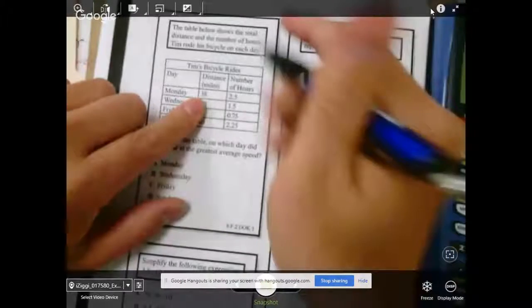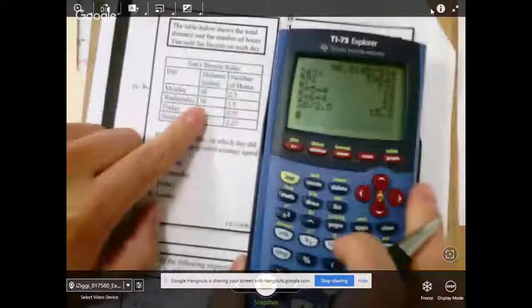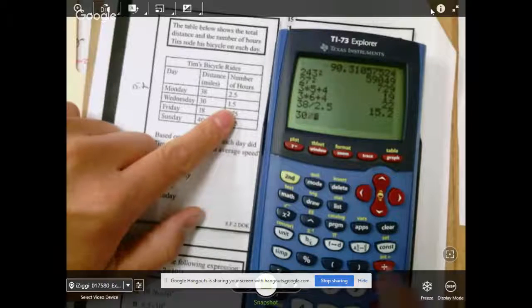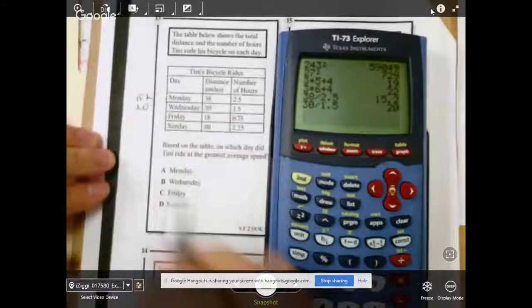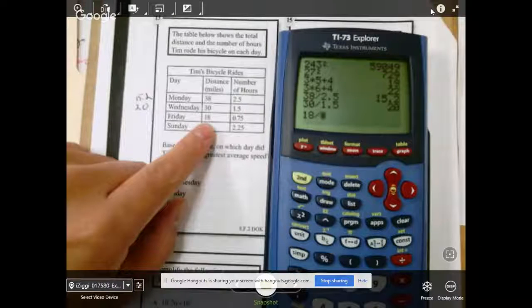On Wednesday, he rode 30 miles in 1.5 hours. So 30 divided by 1.5 is 20. So he rode 20 miles an hour. And then Friday he did 18 miles in 3/4 of an hour. 18 divided by 0.75, that's 24.